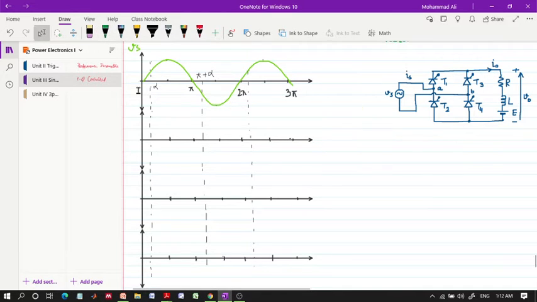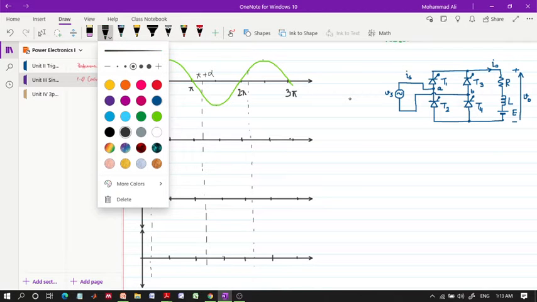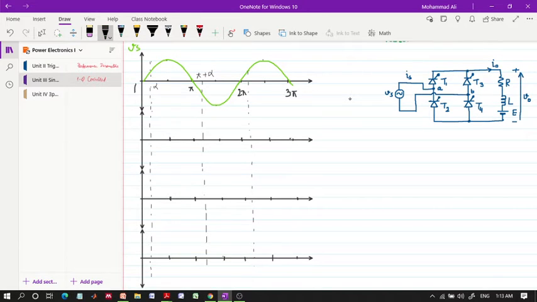So let us understand the operation using the switches and the waveforms. So let us suppose that this point over here is 0. Basically we should not take it at 0. We are talking about the steady state operation.